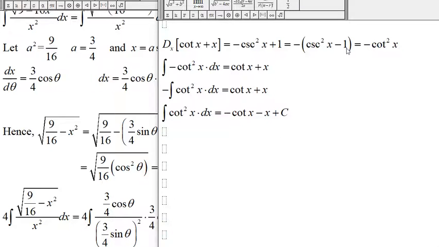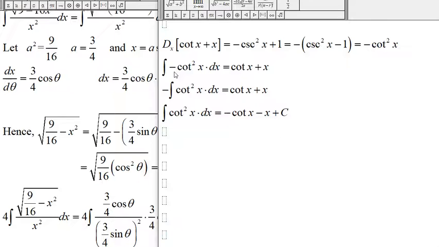But from trigonometry identities, cosecant squared minus 1 is cotangent squared. And so the derivative of cotangent of x plus x is negative cotangent squared x. And so the antiderivative of negative cotangent squared x dx will be cotangent x plus x.